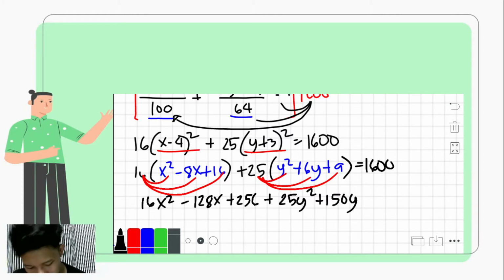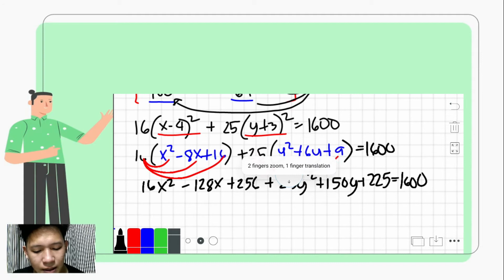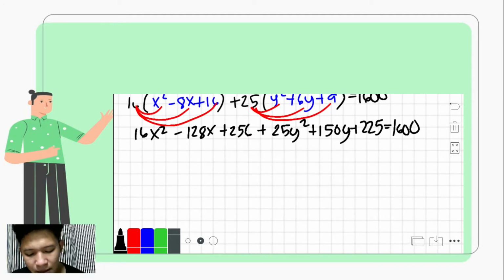And then we have here positive 25 times positive 9, that would be positive 225 equals 1,600. And then we simplify what is to be simplified. So we start with 16x squared, that would be 16x squared.